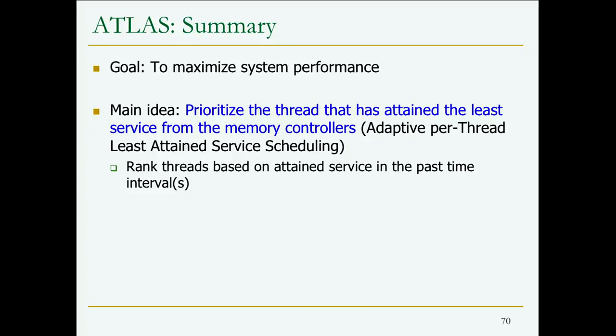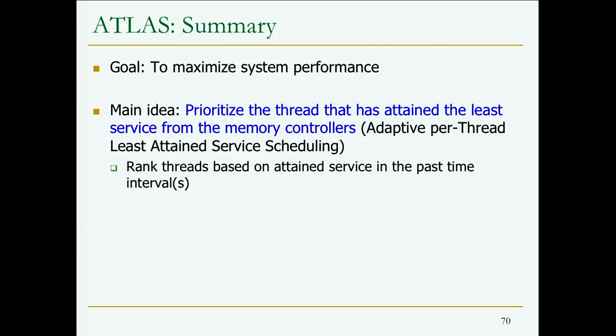The idea is we're still going to use ranking because ranking has all the benefits that we've described. But you rank the threads based on the attained service in the past time intervals. If in the past the thread has attained a lot of service, it indicates that that thread is very heavy and you would like to deprioritize it. Because if you want to improve system performance, you would like to prioritize the threads that are running fast in their cores.